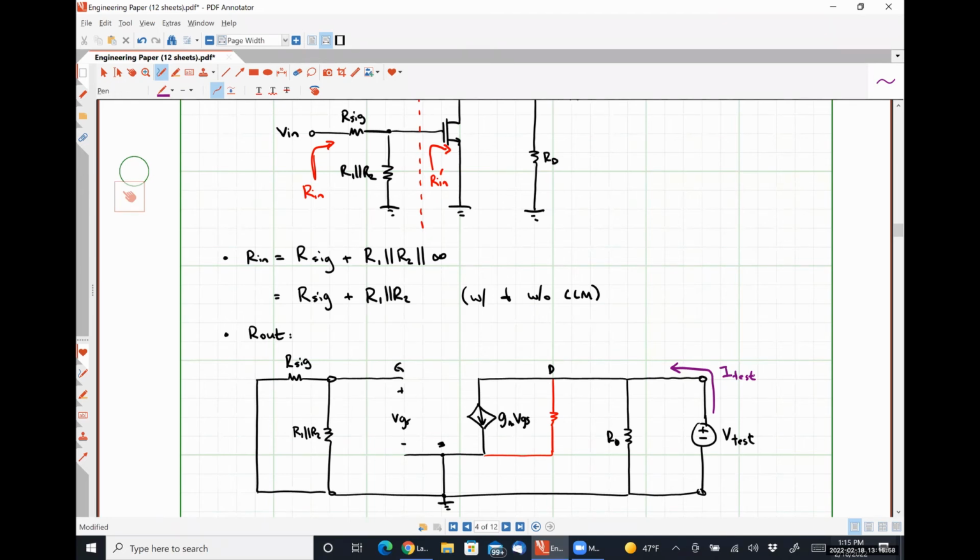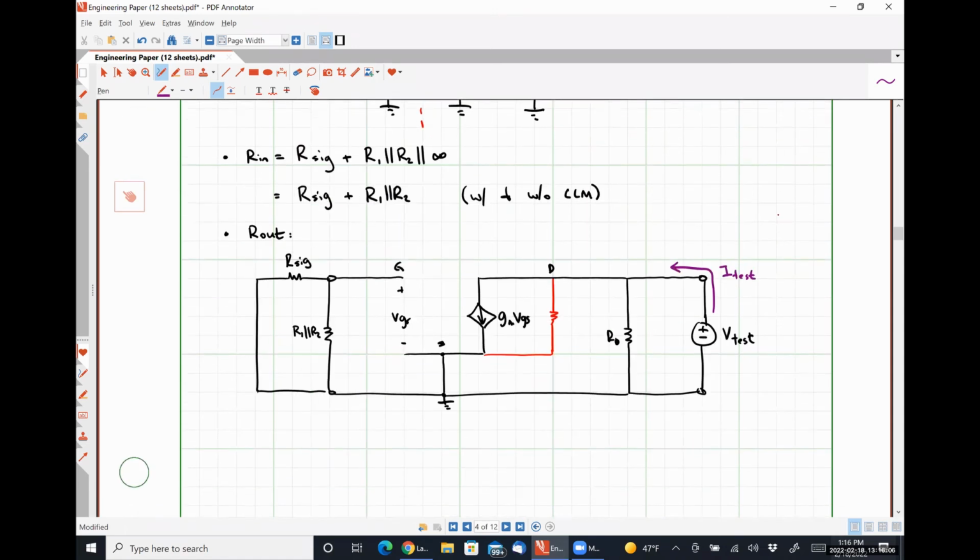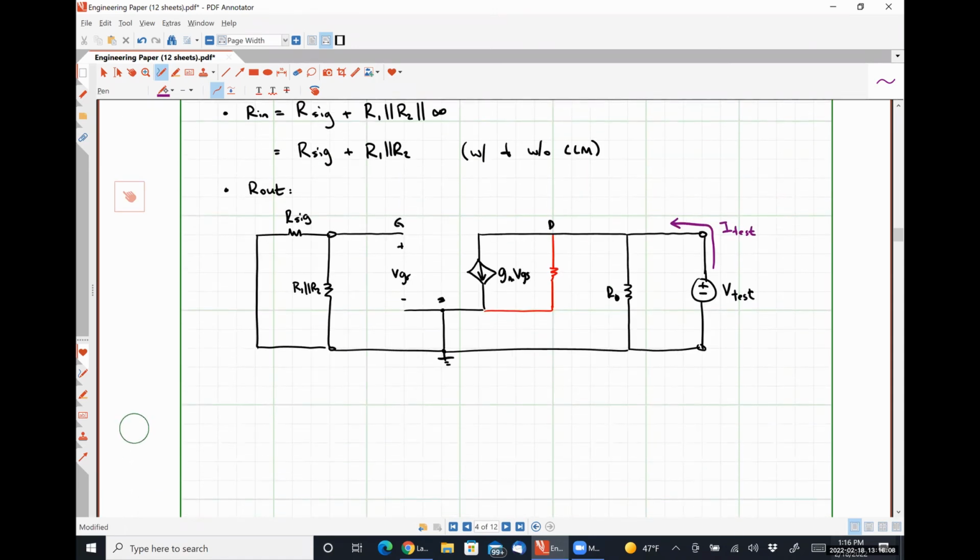Since VGS is zero, gm VGS is zero, right? So without channel length modulation, R out is simply RD.